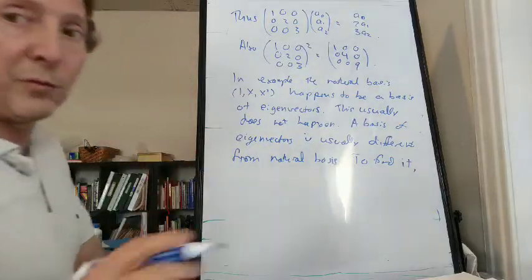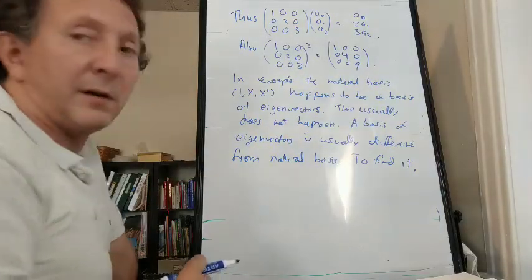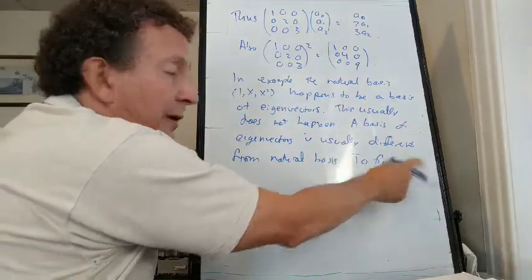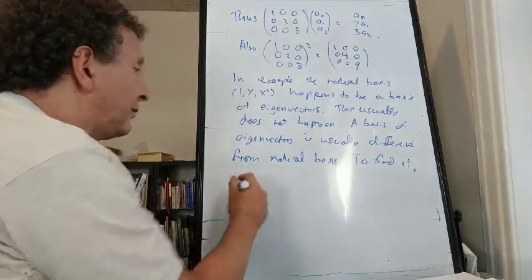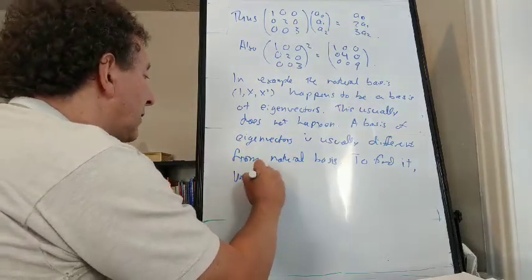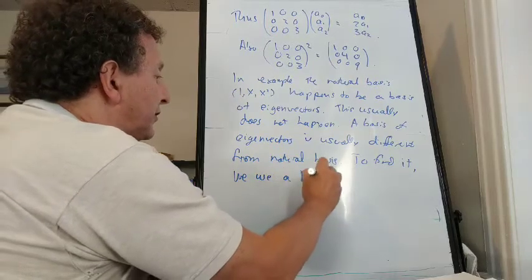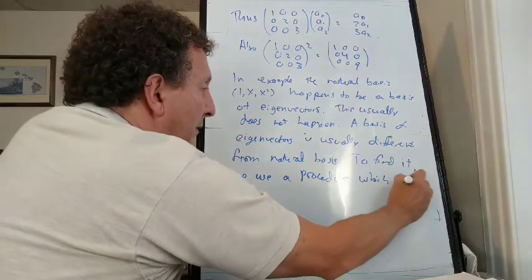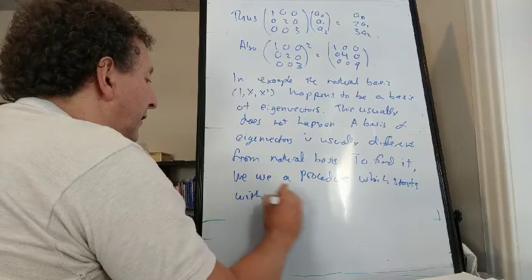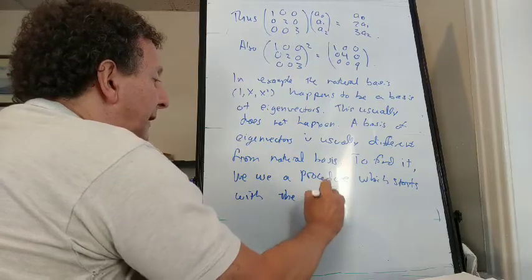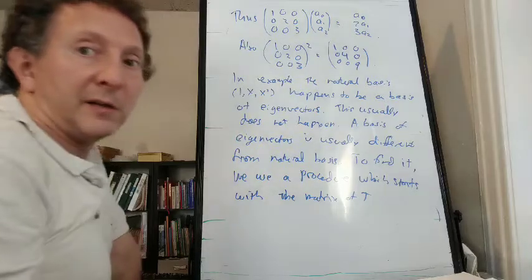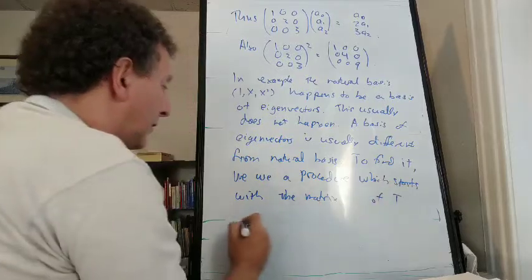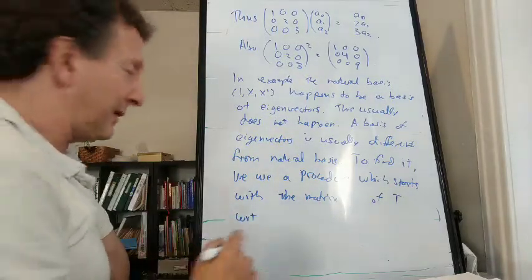To find it, and we'll talk about exactly how to find it in another video, we use a procedure which starts with the matrix of T with respect to any basis you want.